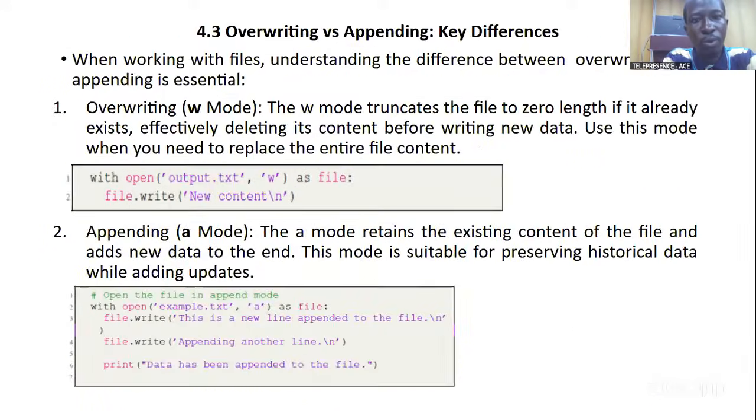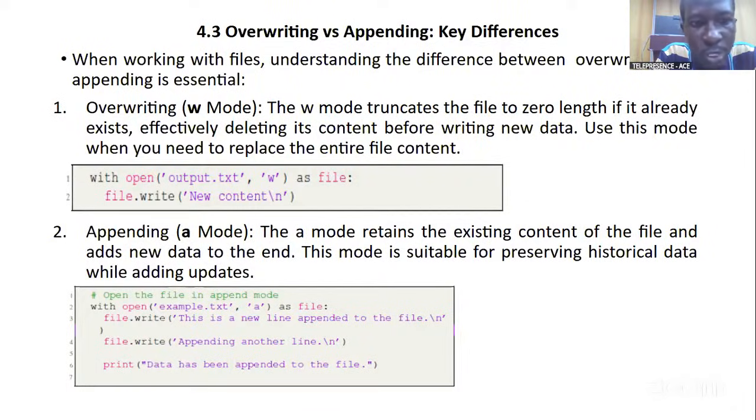So, overwriting and appending: the key differences. When working with files, understanding the difference between overwriting and appending is essential. Overwriting is W mode. The W mode truncates the file to zero length if it already exists, effectively deleting its content before writing new data.